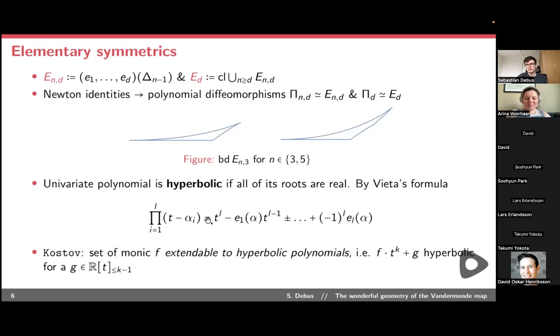And then you can write it without knowing the roots, or usually you know this expression, and then there's a relation between the roots and elementary symmetrics. So this univariate polynomial is of degree L, and then you can write it as t to the L minus the first elementary symmetric evaluated in alpha, and then plus minus up to E_L(alpha) up to some sign.